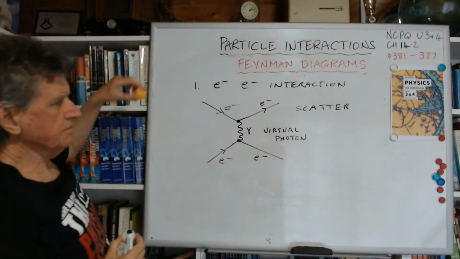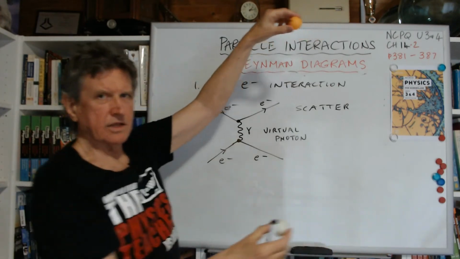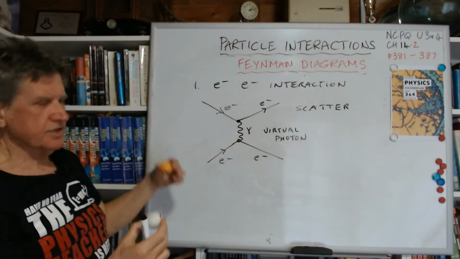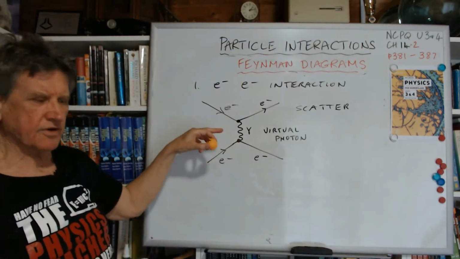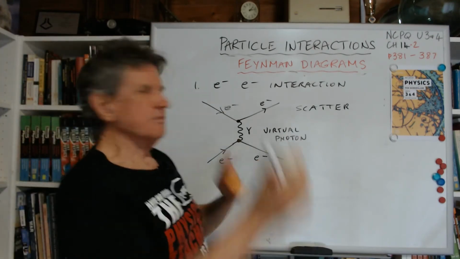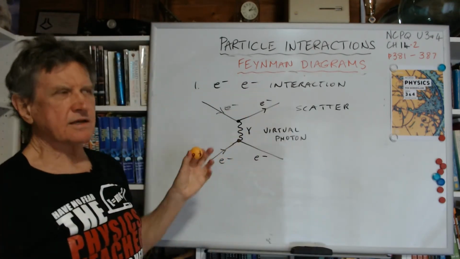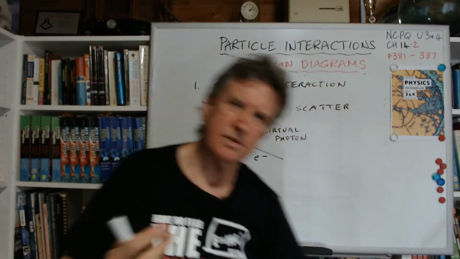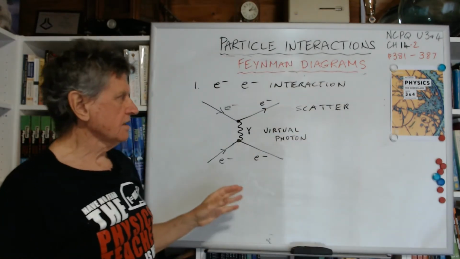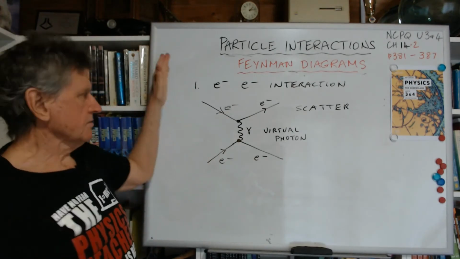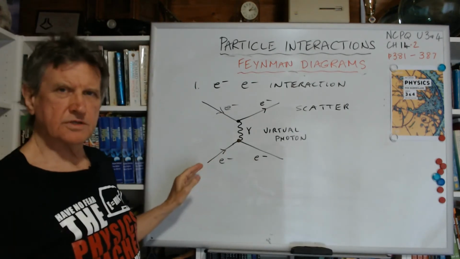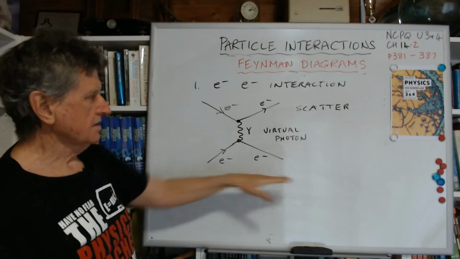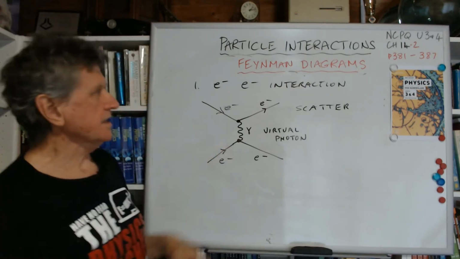So it's like 2 billiard balls coming in and going like that, except they don't touch. They exchange this virtual photon. So from above it sort of looks like what happens on a billiard table, but you don't want to take the billiard table analogy too far, because the billiard table would have displacement versus time and so on. Okay, so that's the first one.